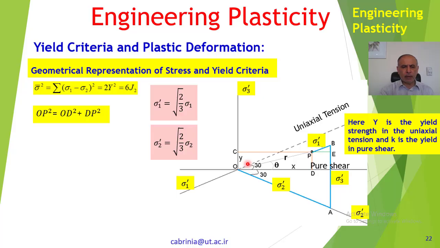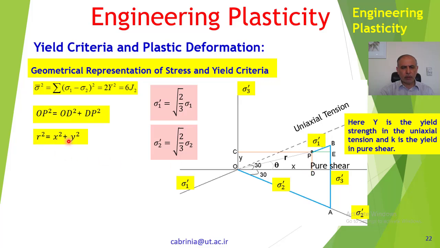And then because we have designated OP as R in the polar coordinates, we find a relationship between the polar coordinates and the Cartesian coordinates. Very simple relationship: R squared is equal to X squared plus Y squared, because OD is X and DP is Y.